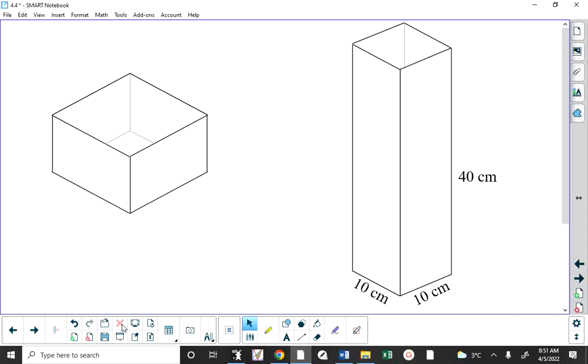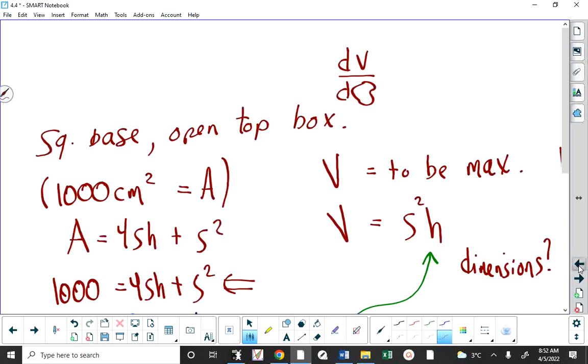Okay? And this is where we introduce the variables. We say, well, we have to call this something, and we need to call the height something. So those are the variables I'm going to have. The only condition is that when you find the volume of the box, the volume has to be 4,000. Okay? So once again, and we went through this yesterday, but I'm going to talk about it again here.